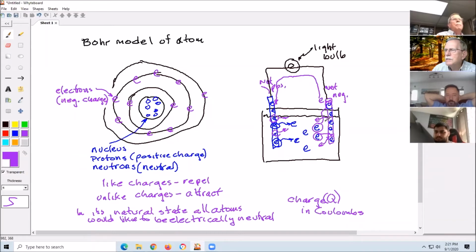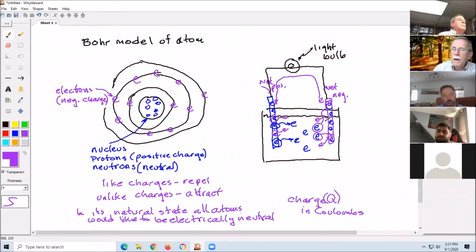And what's going to happen at some point? The battery's going to die because the chemical reaction isn't strong enough to force the electrons out of one plate and into the other plate. And that's how we end up with a dead battery.